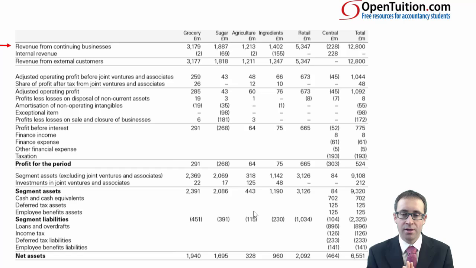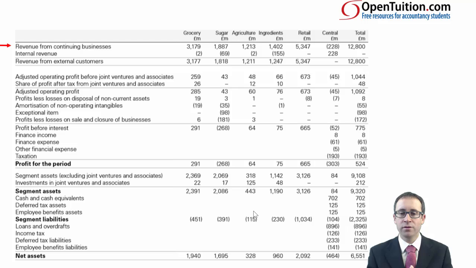So grocery, sugar, agriculture, ingredients, retail. Retail is Primark, and if you look at that, it makes up 5,347 out of the 12,800. So it's somewhere between 40 and 45% of the revenue that is attributable to Primark.